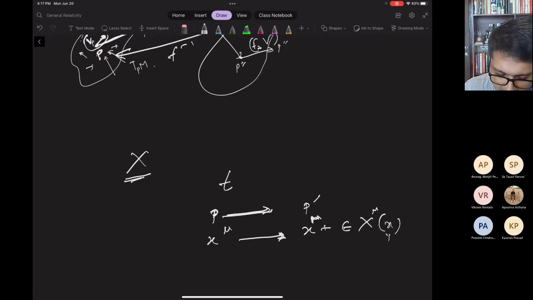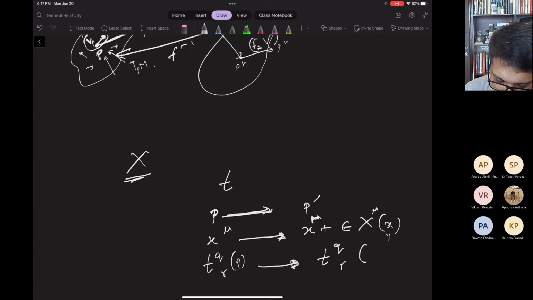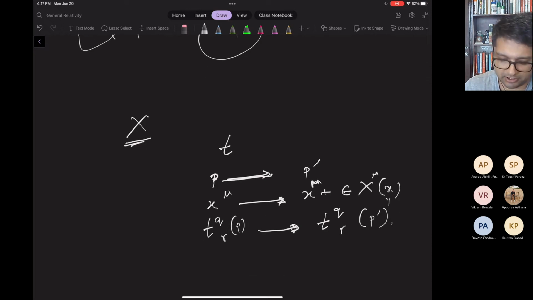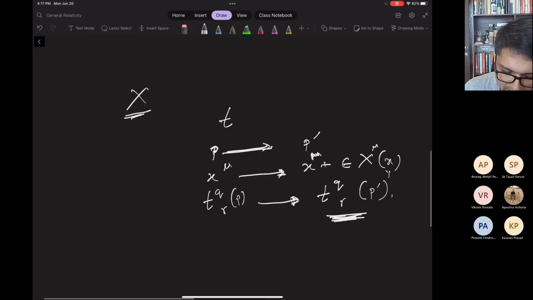Now what we're saying is, if there's a tensor of type (Q,R) defined at P, this tensor gets mapped to a tensor of type (Q,R) at the point P prime under this push forward / pullback. And now you can compare.